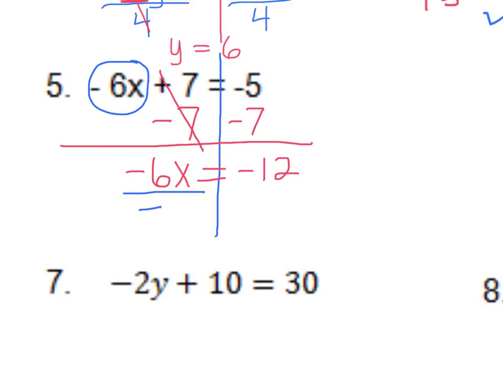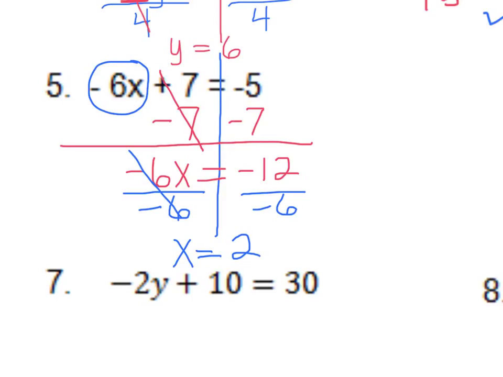So just draw your fraction line and put negative 6 underneath both sides. Negative 6 divided by negative 6 equals 1. Remember how we talked about 1 is a coefficient of x? So that just leaves us with x equals negative 12 divided by negative 6 is positive 2. A negative divided by negative is a positive.